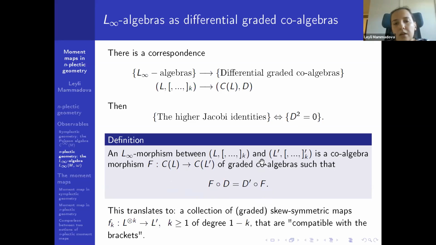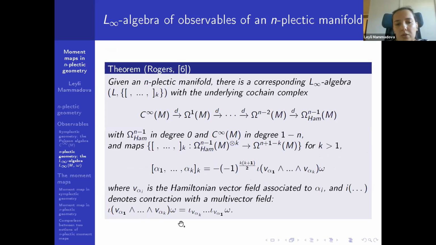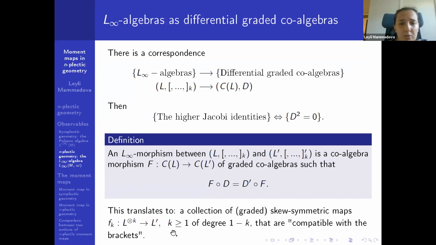As I said, this is a conceptual, nice, compact definition. But to do calculations sometimes, or for proofs, we need to translate this into something more tangible, more concrete, if I may say that.